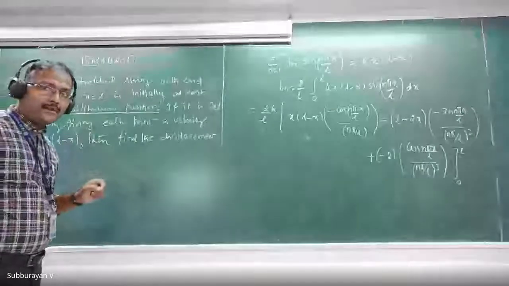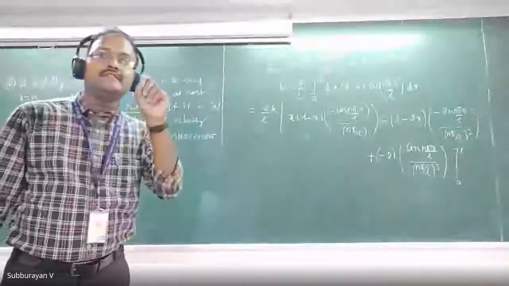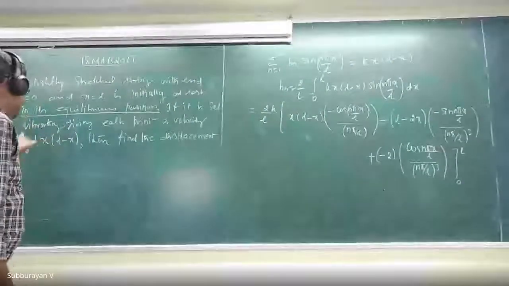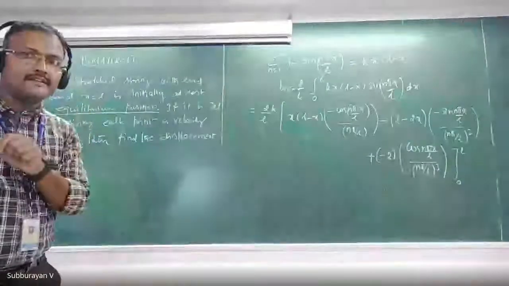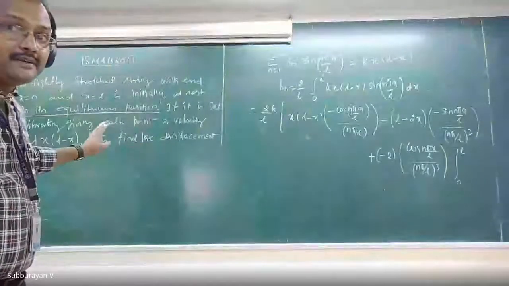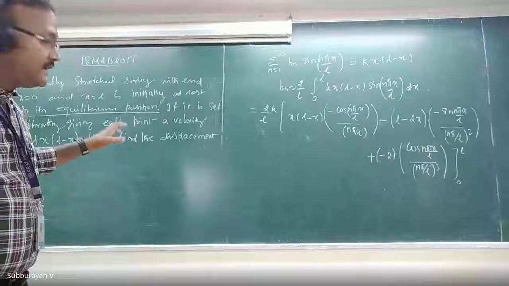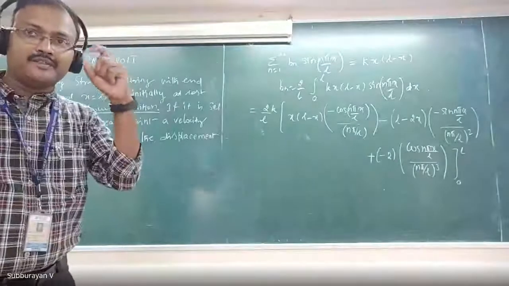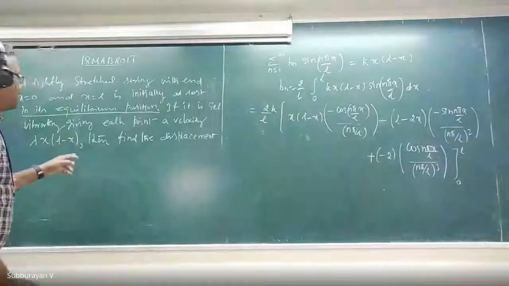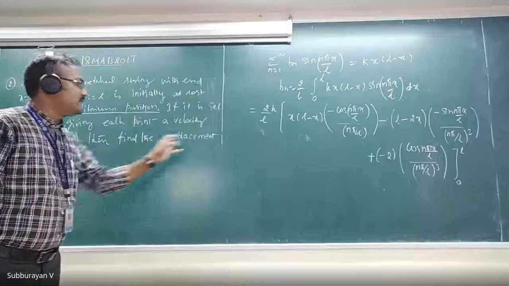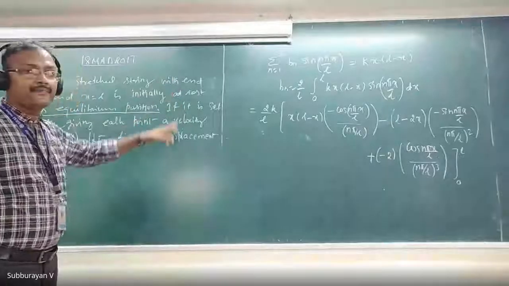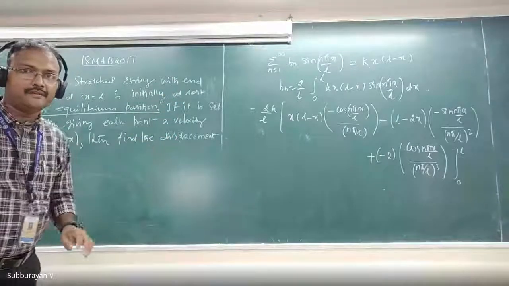At any point, the velocity is measured by this function. For example, if I replace x with L by 2 here, it gives how much vibration takes place at that point. If this happens, what is the displacement function corresponding to this statement? So this is the question.